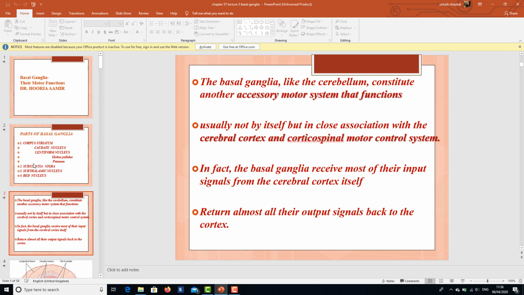So we can say that the motor system, which is mainly part of the cerebral cortex, is working in close collaboration with the midbrain, red nucleus, basal ganglia, and cerebellum, so that there is a harmony of motor activity taking place in our body. In fact, the basal ganglia receive most of their input signals from the cerebral cortex itself, and they return almost all their output signals back to the cortex.